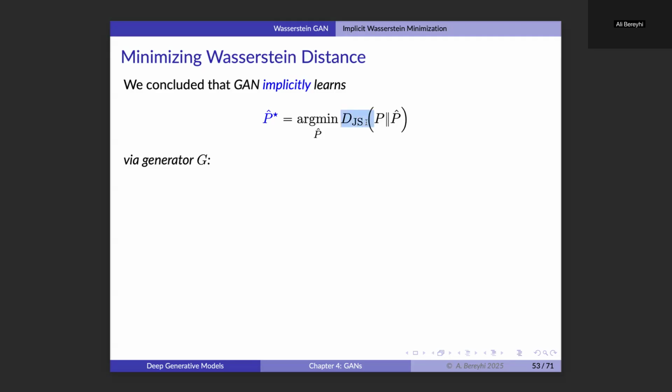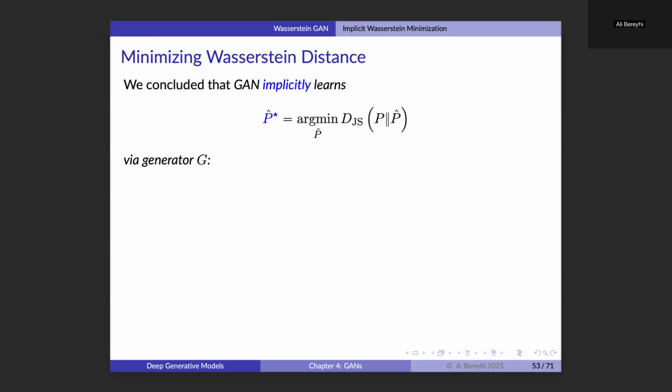So it's somehow finding not the exact JS, but an estimate of the JS divergence between our data distribution P and the model P hat, right? And then we are minimizing over all possible P hat values. And then this is the one which is given to us as the P hat star, or the output, the distribution learned by the generator.